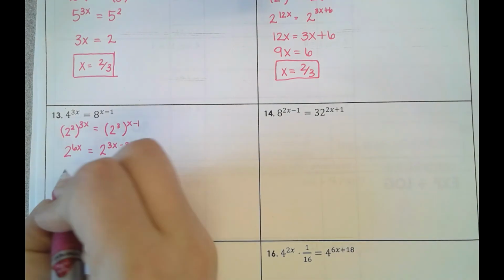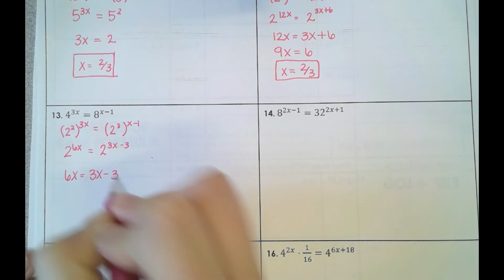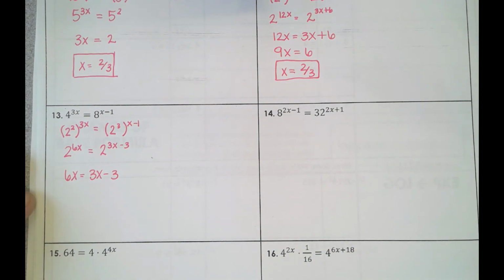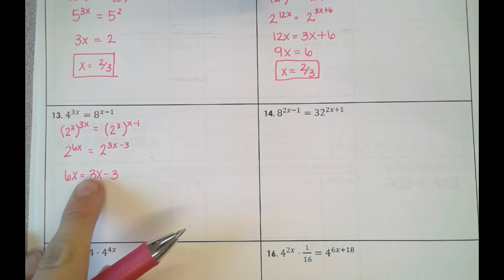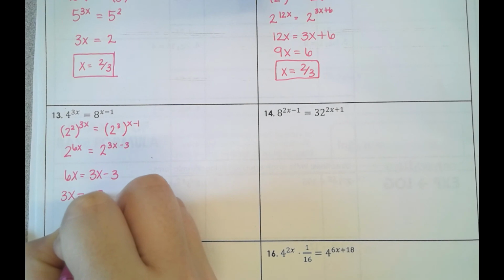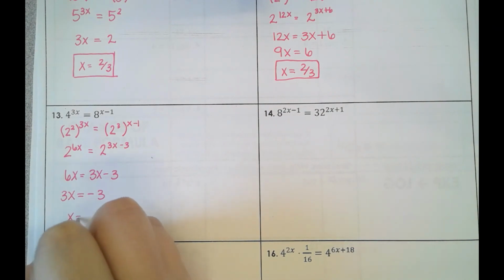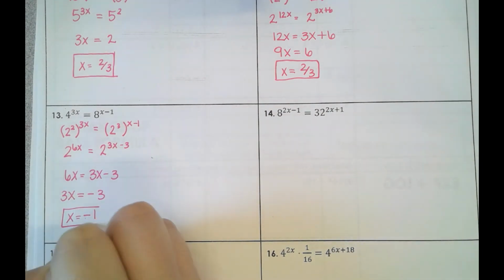All right, then we have 6x equals 3x minus 3. Subtracting 3x gives me 3x equals negative 3. And so x equals negative 1.